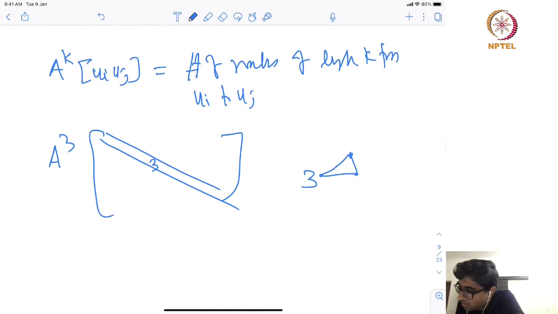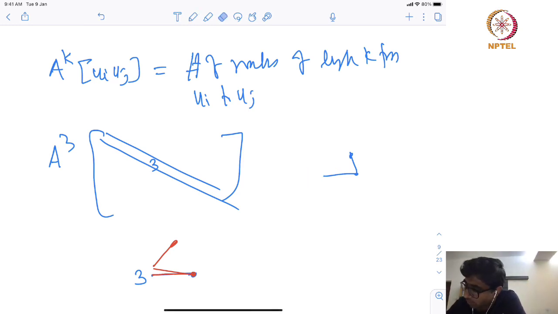So, suppose I start at vertex 3, I go somewhere. Okay. So, what can it consist of? I can go here, but notice if I come back to 3, then it cannot be a walk of length 3.